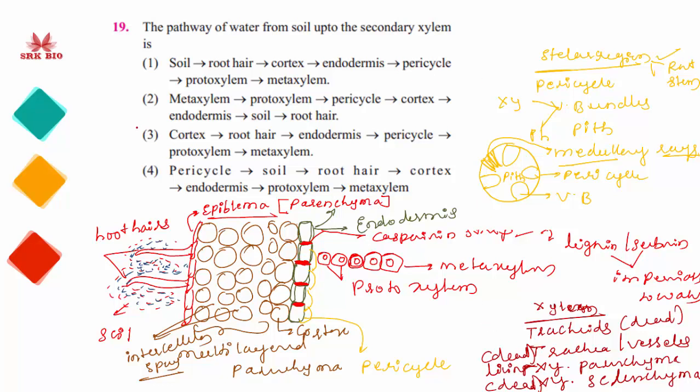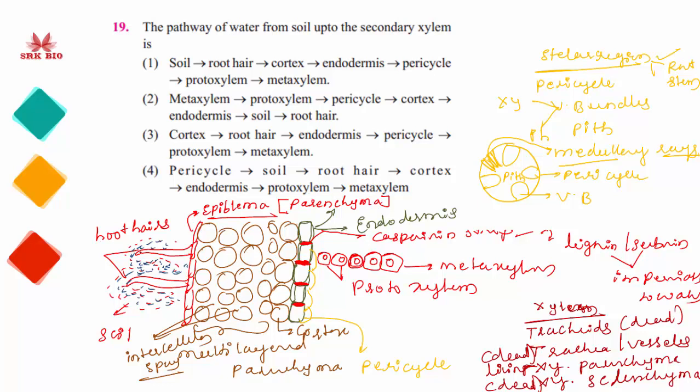So the water which is present in the soil, finally it has to reach the metaxylem element, and through the metaxylem element it is transported to each and every part of the plant body. In the question, what is asked is the pathway of the water from soil up to the secondary xylem.